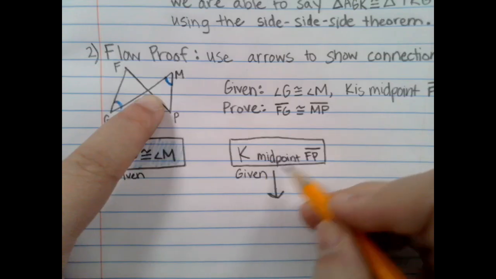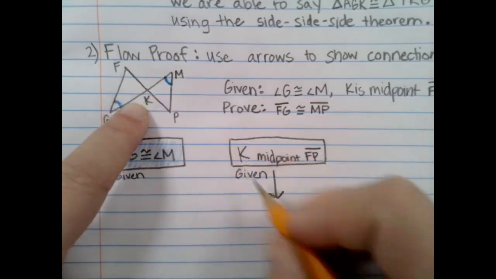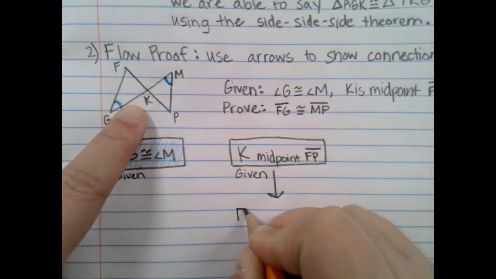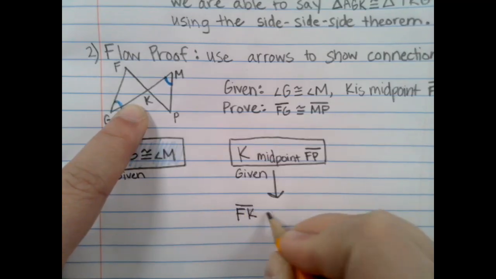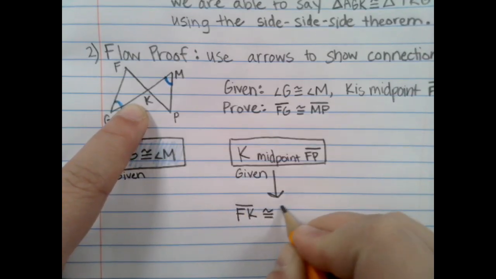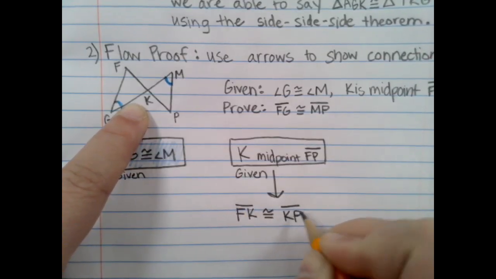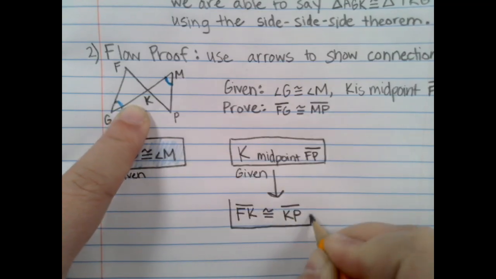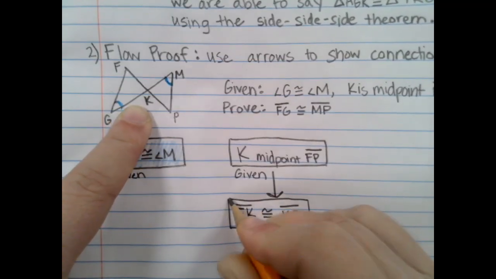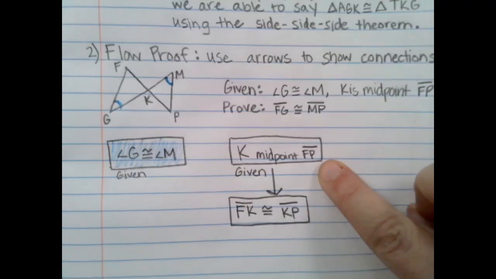And my next box comes from that idea of the midpoint, that FK is congruent to KP. That came directly from this idea of having a midpoint.